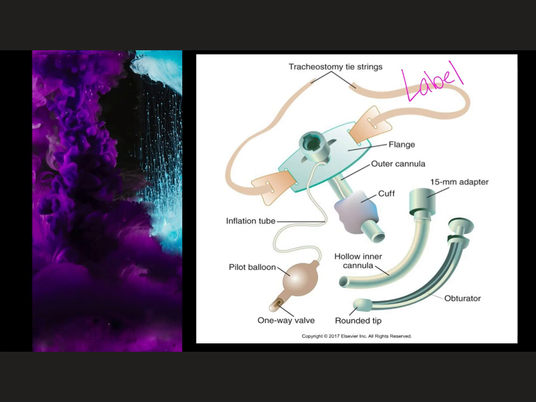The next part we have is the outer cannula. The outer cannula is the primary structure attached to the flange, and the cuff is attached there as well. You have the cuff here, and what the cuff does is it secures it in place in the trachea when it is inflated. When it's inflated, that's when we can provide mechanical ventilation.